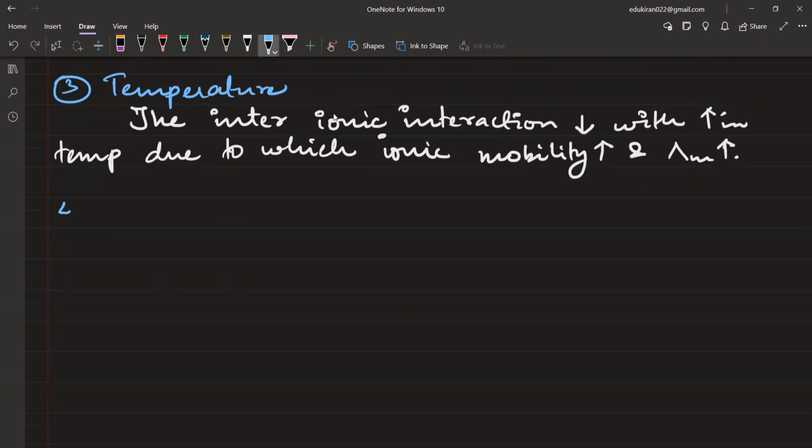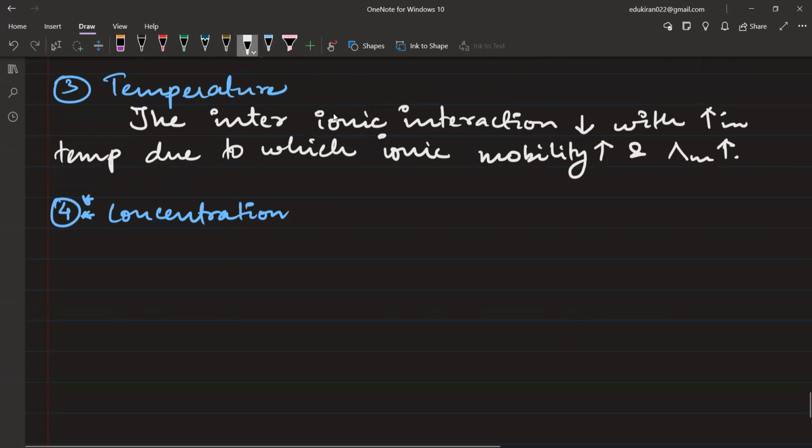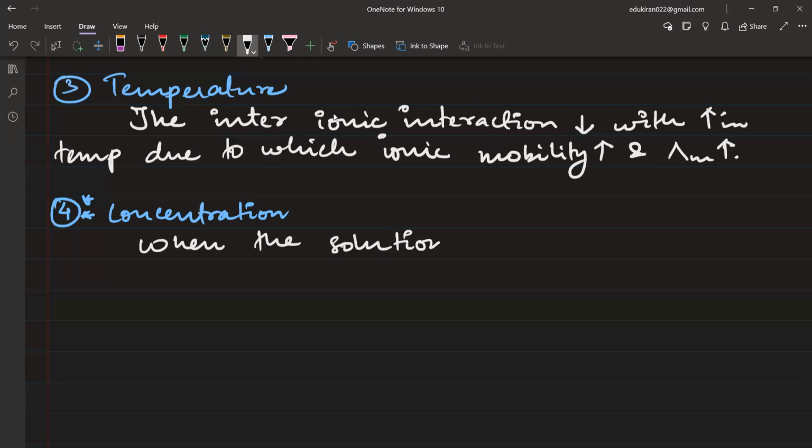Right, the fourth one, which is very important. और थोड़ा इसको समझने की कोशिश कीजिएगा. Concentration. Okay, so please write, when the solution is diluted, that means concentration क्या हो रही है?